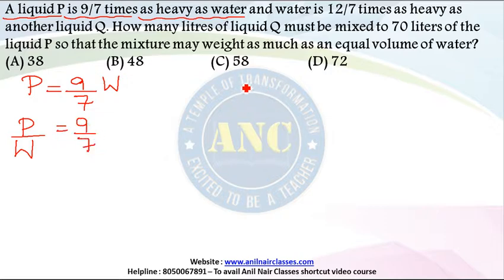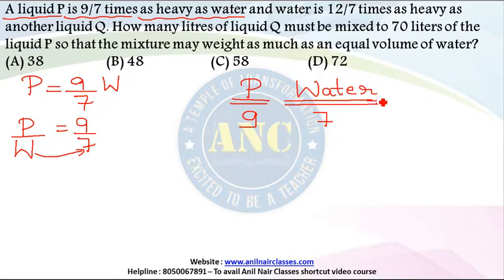In simple language, liquid P is the first parameter, water is the second parameter. If there are 9 liters of liquid P, then the water will be 7 liters, right? This is the meaning of the first statement.